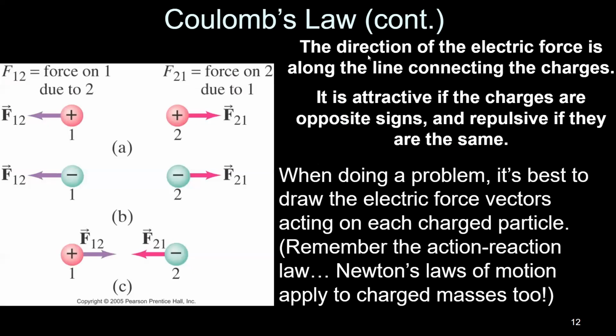Again, the direction of the electric force is basically along the line connecting the charges. Since force is in fact a vector, you typically have to know the direction. So you can see examples on the diagram to the left where the path between these two particles is a horizontal line, so the forces must be horizontal.